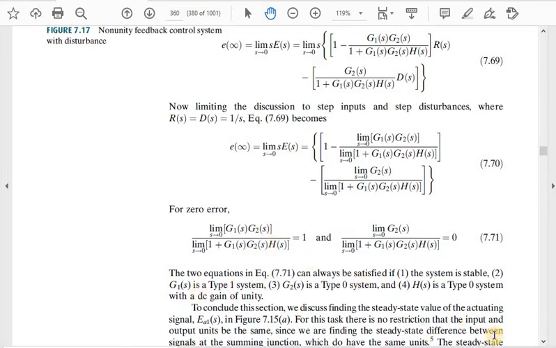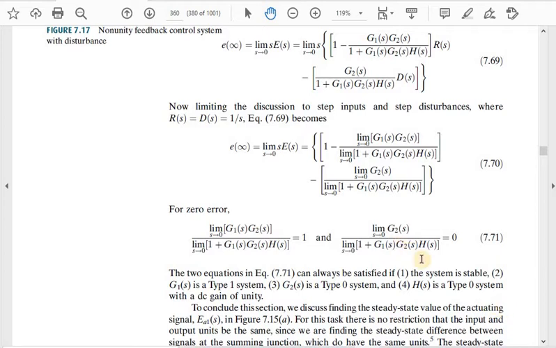So this means that the two equations, that is this one, 7.71, can also be satisfied if the system is stable. First thing is that the system must be stable. Second is that the system is type 1. So G2 is a type 0 system, hence H(s) is a type 0 system with a DC gain of unity.